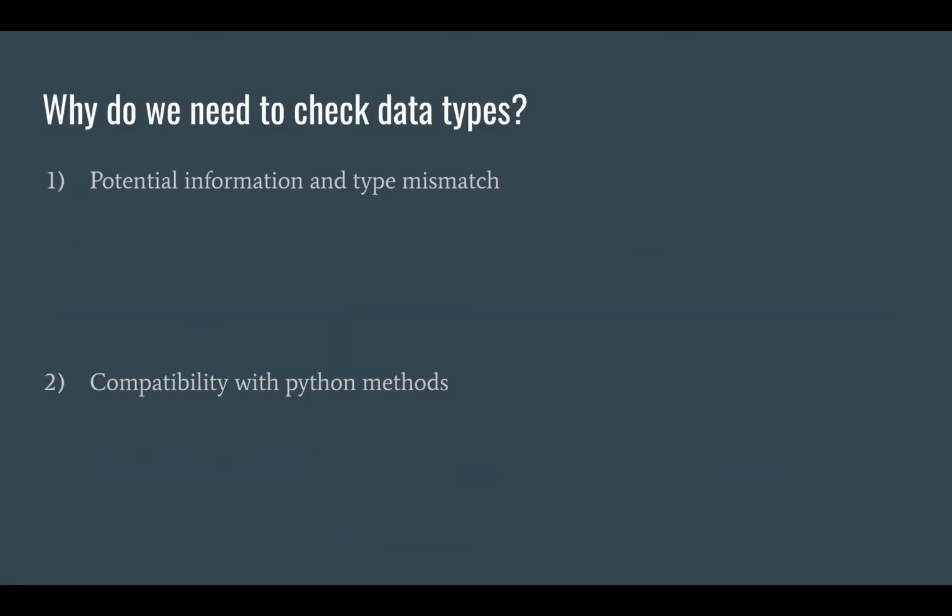So you might want to ask the question why we need to check data types. There are two reasons to check data types in a data set. So what it does is pandas automatically assign types based on the encoding it detects from the original data table. So for a number of reasons, this automatic assignment based on the encoding it detects may be incorrect.